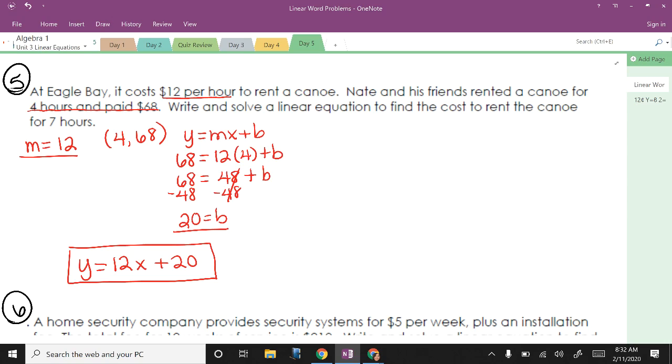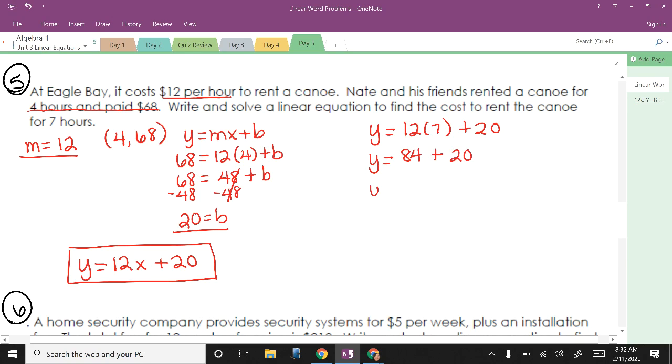So we're going to plug in 7 for X. Y equals 12 times 7 plus 20. What's 12 times 7? 84, plus 20. Y equals $104.